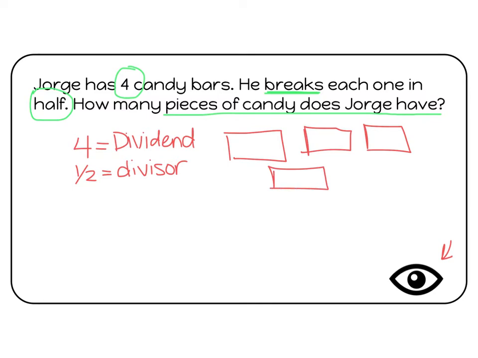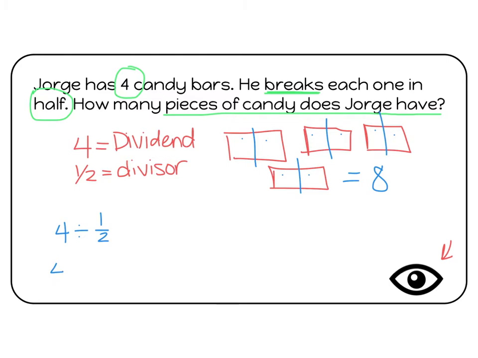So I have 1, 2, 3, 4 candy bars. And George breaks each of his candy bars into half. That means that I have 1, 2, 3, 4, 5, 6, 7, 8. So I think my answer is going to be 8. Let's prove it with math. 4 divided by 1/2.